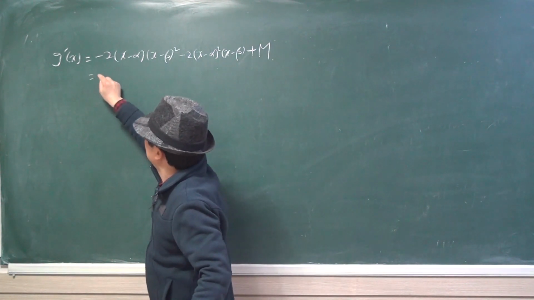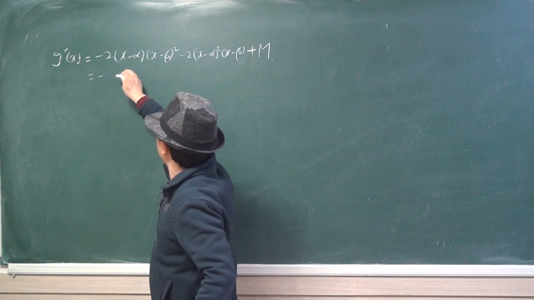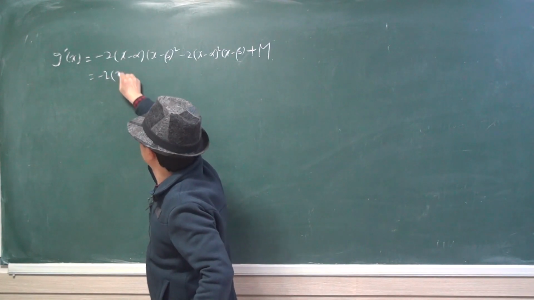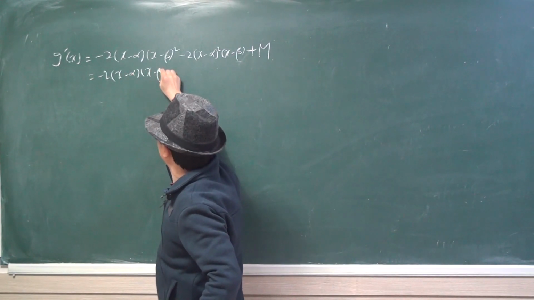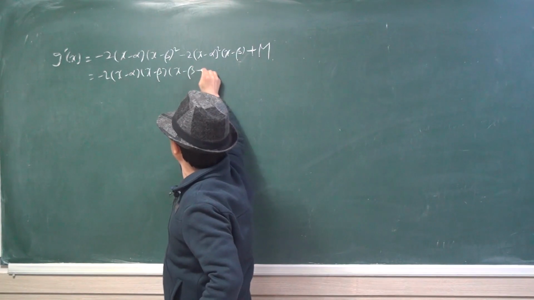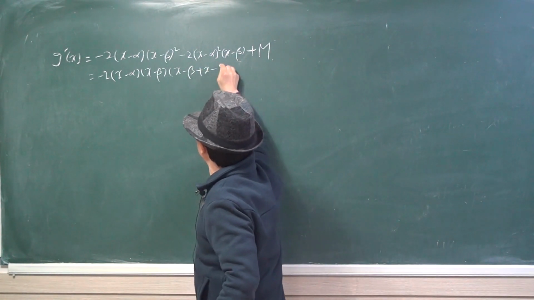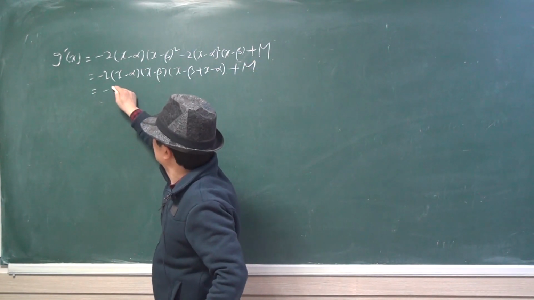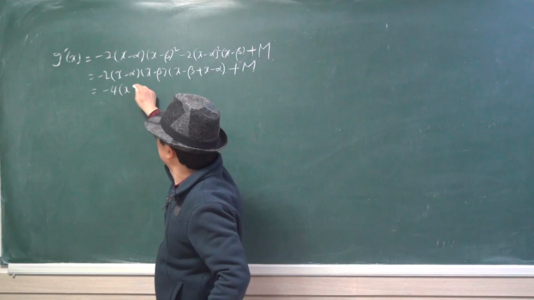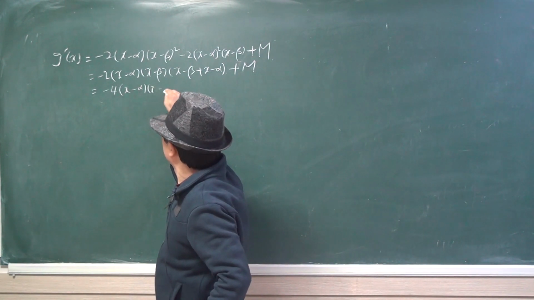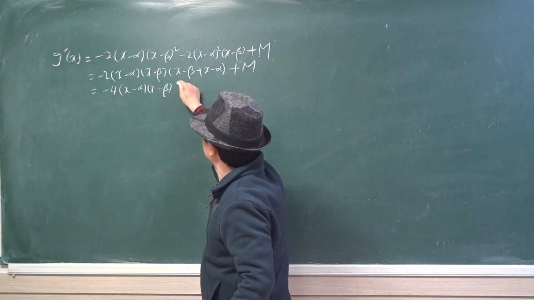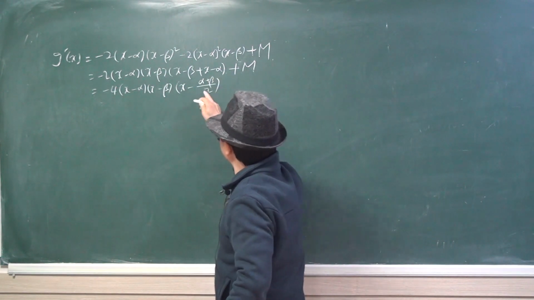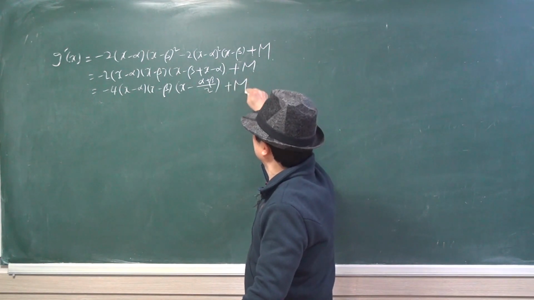And rewrite this by factoring terms: minus 2(x minus alpha)(x minus beta) times [(x minus beta) plus (x minus alpha)] plus m. Then it is finally minus 4 times (x minus alpha)(x minus beta)(x minus (alpha plus beta)/2) plus m.